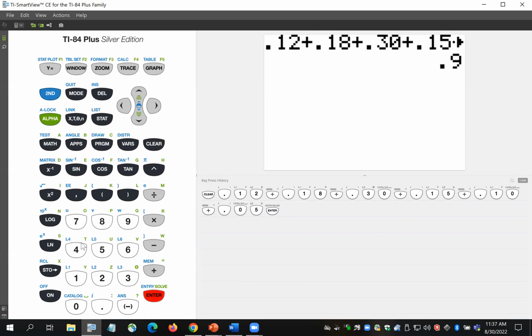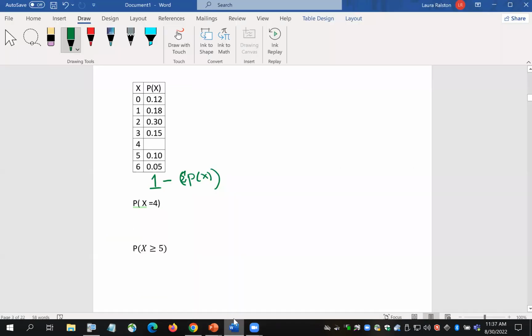Well, I know it has to total to 1, so 1 whole minus 0.9 gives me 0.1. So the probability that they stay 4 years is 0.10, and that equals the probability of 4. If you have a piece missing, you know the probabilities have to total to 1. So if you subtract what you know from 1, that's going to be that probability.